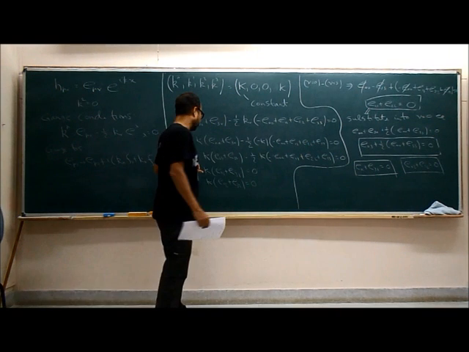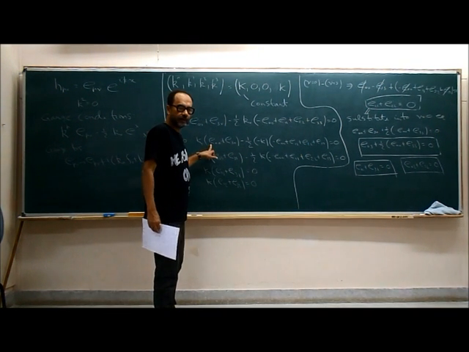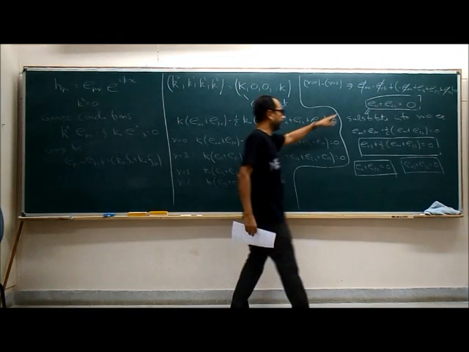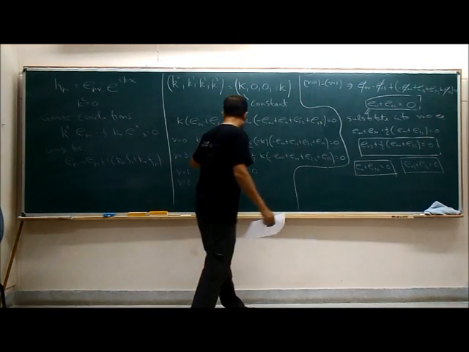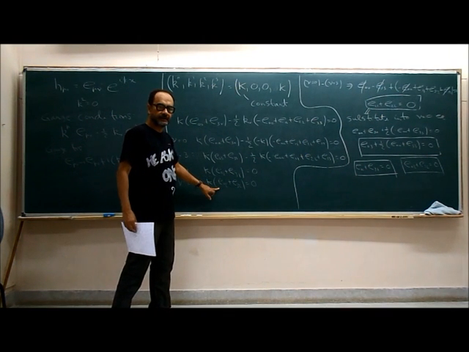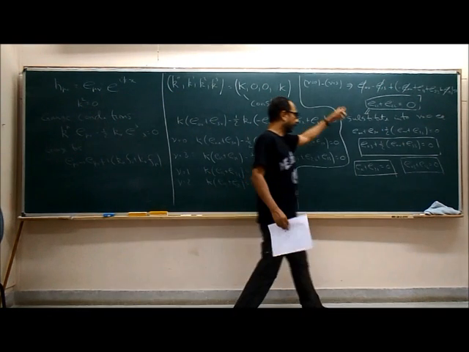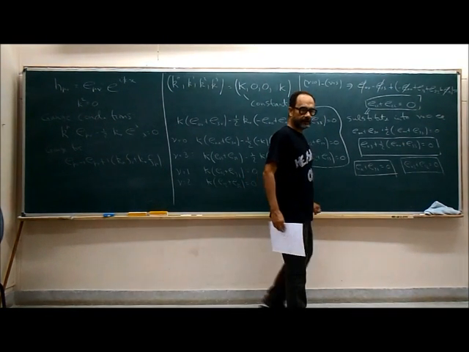Now this equation doesn't have to be used anymore, because this equation has already been used up in combination with this. So once you have these two equations, you have automatically satisfied these two equations. So you still have to use these two equations. So these are the four equations that we get from the gauge fixing condition.